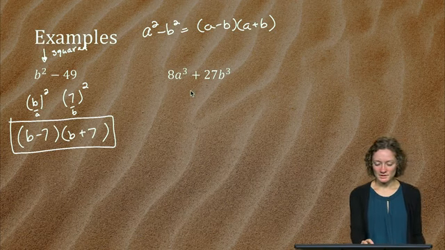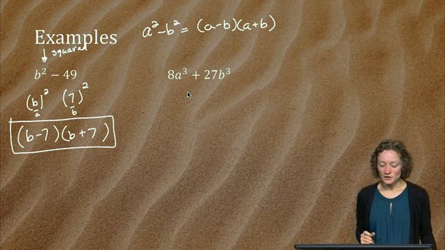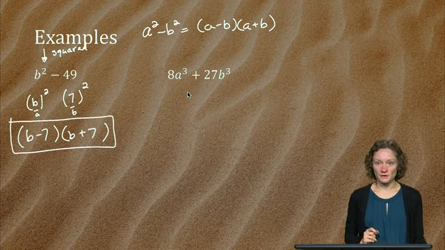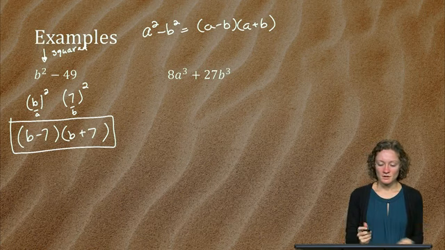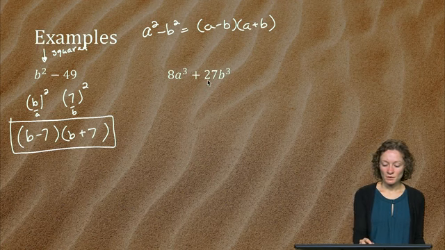Okay, so let's look at this second problem. We have 8a to the third plus 27b to the third. First of all, look for a greatest common factor, always our first consideration. We don't have one, so then go into our two-term methods, which are difference of squares or sum difference of cubes. We have sum of cubes.